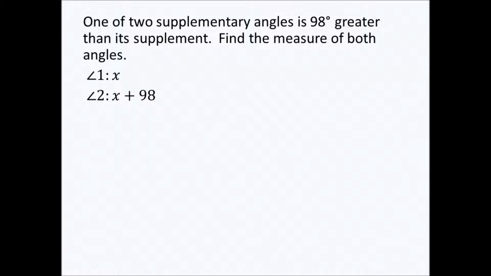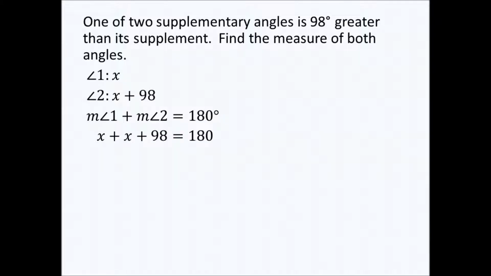Since they're supplementary angles, the measure of angle 1 plus the measure of angle 2 equals 180 degrees. Next, we substitute the algebraic expressions for the angles into the equation. So x plus x plus 98 equals 180. The rest becomes algebra. x plus x equals 2x. 2x plus 98 equals 180.